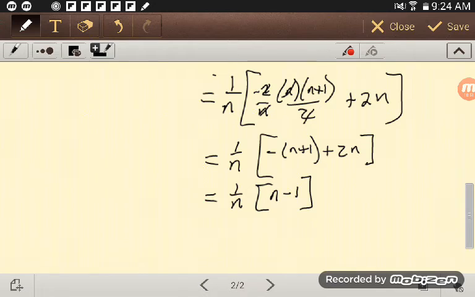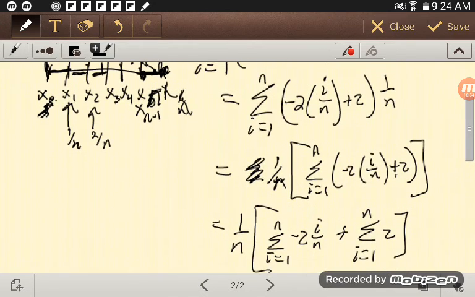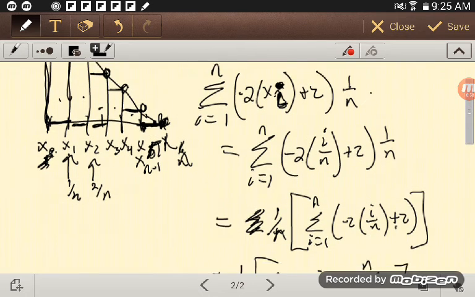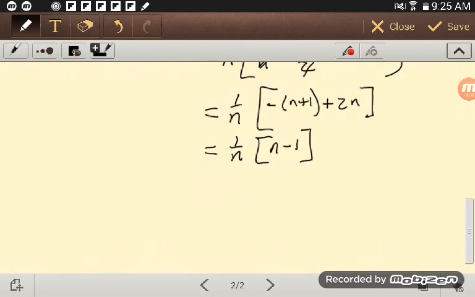And now, because I've got this closed expression, I could ask, way back here, what's the limit of this thing as n gets really, really big? So what is the limit as n goes to infinity of n minus 1 over n?